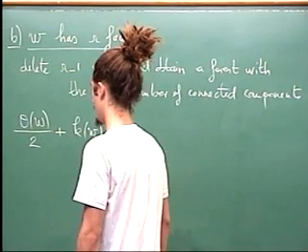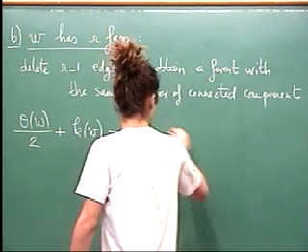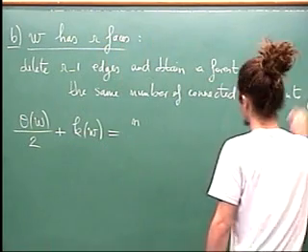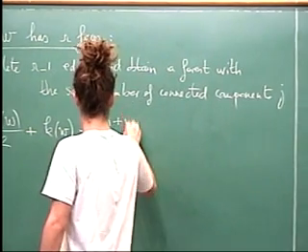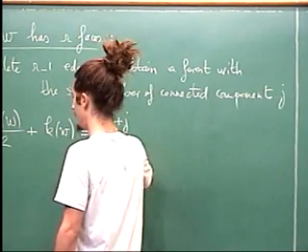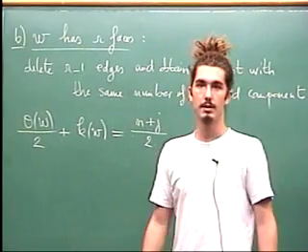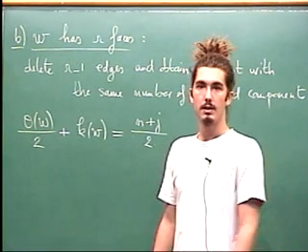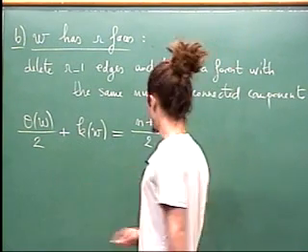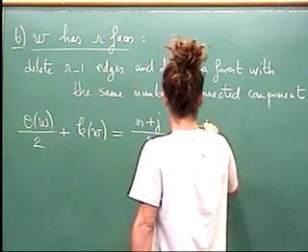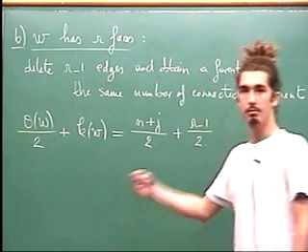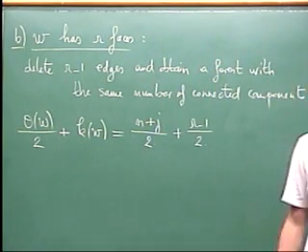We have exactly, say G, the number of components. We have n plus G over 2, which was the result for the previous case. But we need to add the R minus 1 over 2 edges that we deleted to get this result, right?